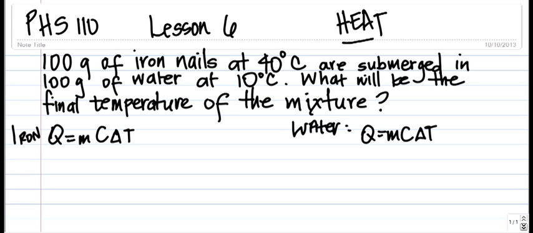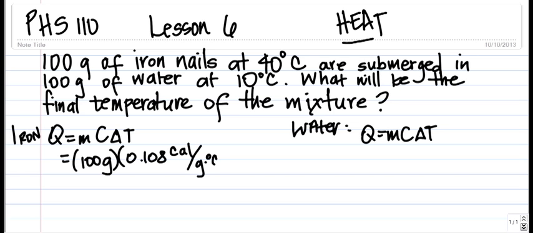Now usually you'll be given the specific heat capacity or you'll be asked to find it. So I will just tell you that the specific heat capacity for iron is 0.108, and we're working in grams here and degrees Celsius, so that value is using a unit of calories per gram degree Celsius.